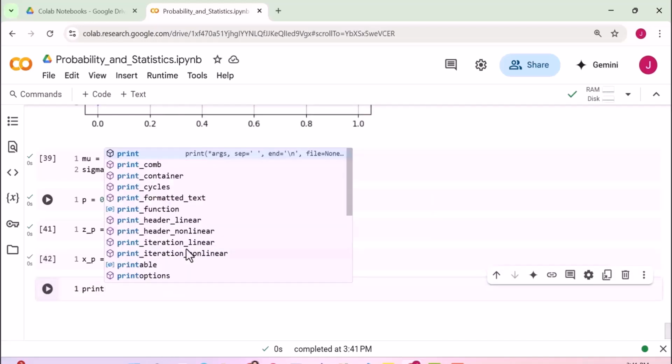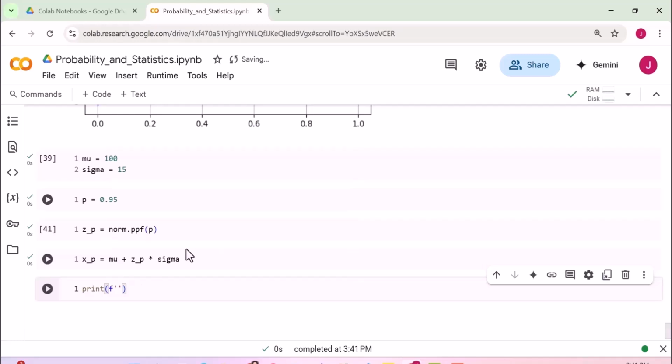So we can print that: the 95th percentile of N(100, 15 squared) is equal to x_p with 2 decimal points.